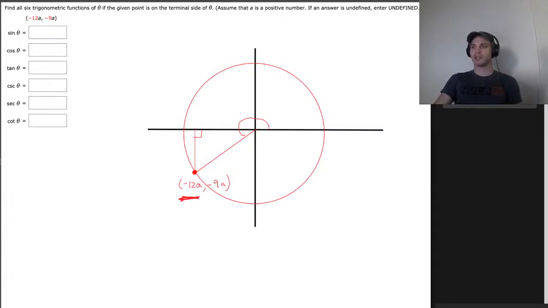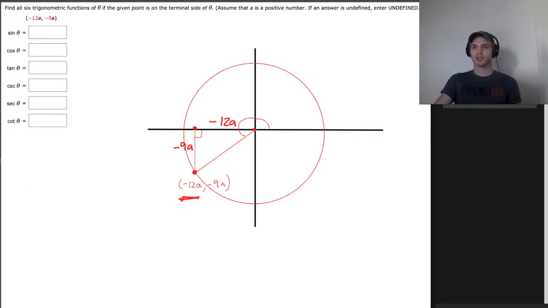That means that this distance from here to here is negative 12a. And this distance from there to there is negative 9a. I'm leaving the negative because I don't know if a is positive or negative. So it doesn't really matter for the sake of these ratios, because the ratio will take care of the sign. So we can actually figure out what the hypotenuse is here.